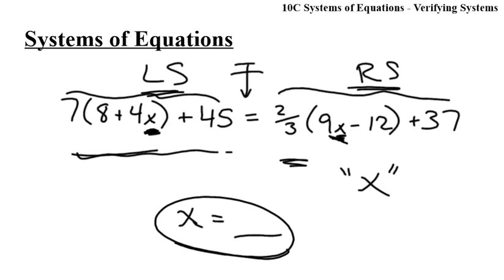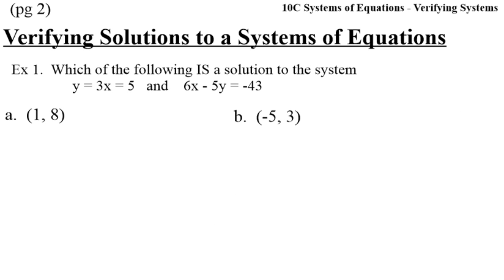Well, now we have systems of equations. If you go to page 2 of your notes book, the big difference with a system of equations, as we can see here, is we now have two equations that we need to solve.